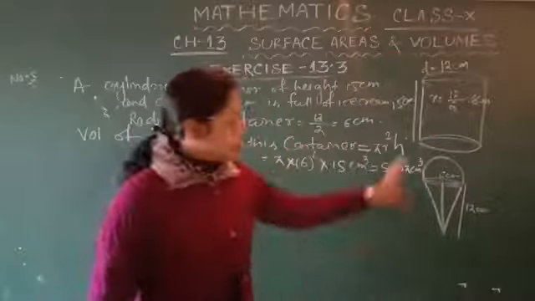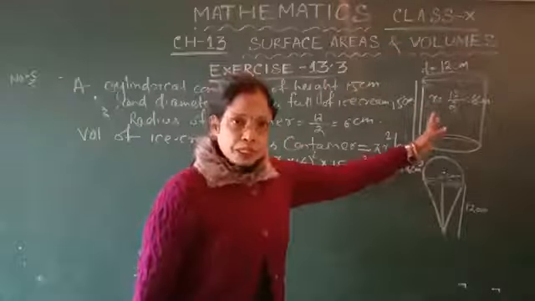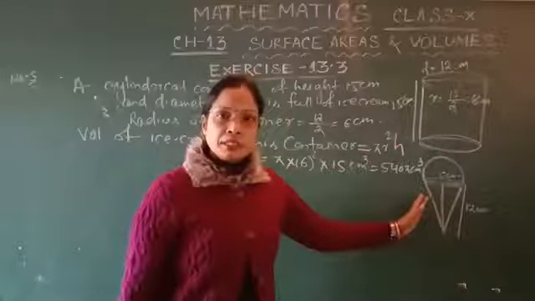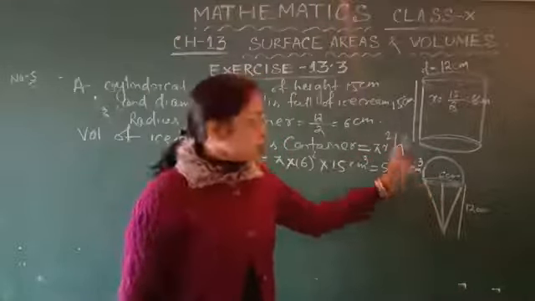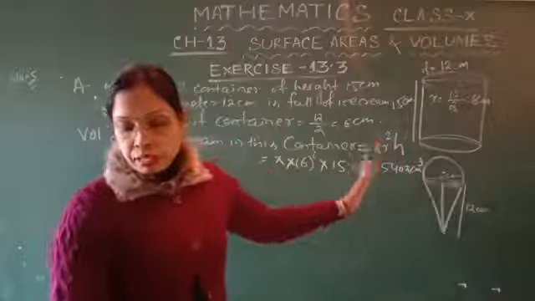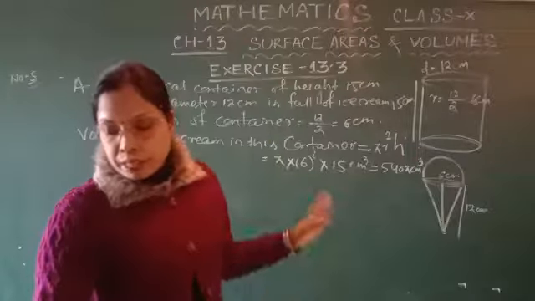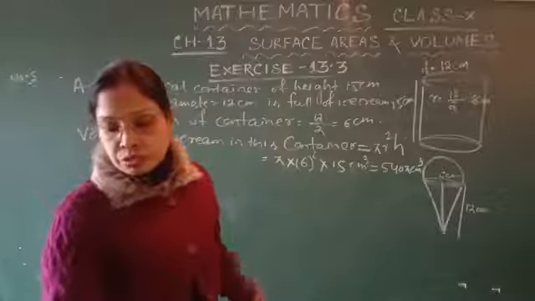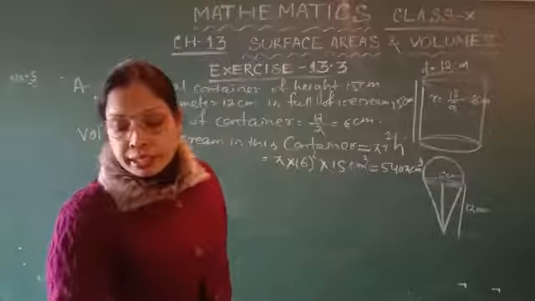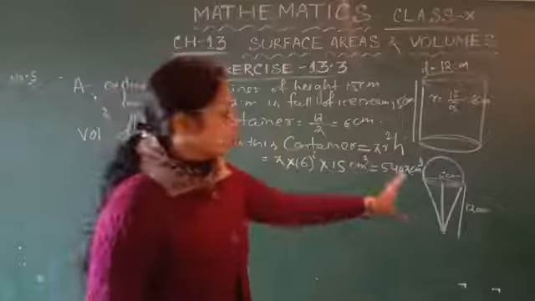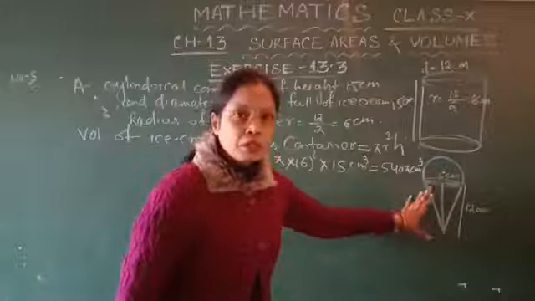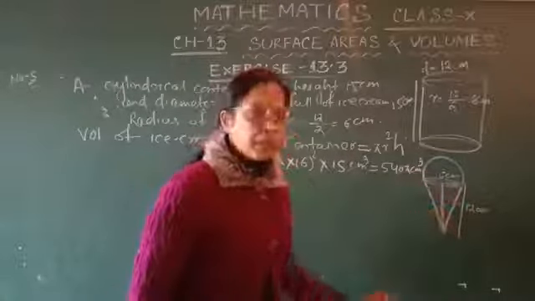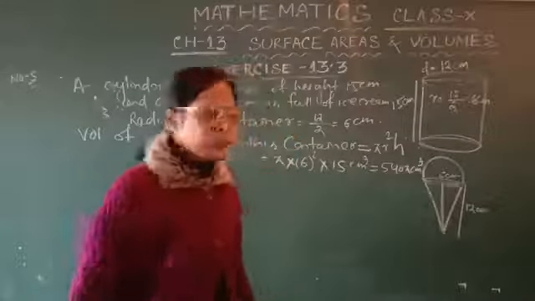Then this ice cream from the container is filled into cones. First you write here the height of the cone is equal to 12 centimeter and diameter is 6 centimeter.